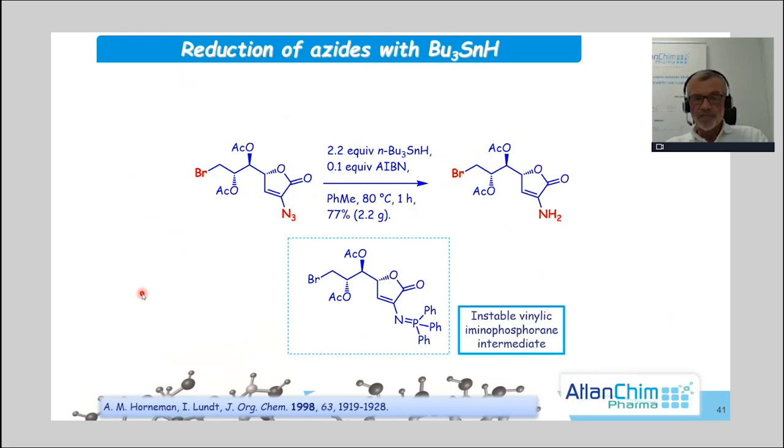So in contrast to the previous example, the azide in this case was reduced first. An alternative attempt to prepare this amine by a Staudinger reduction using triphenylphosphine to reduce the azide was not successful due to the instability of the vinylic iminophosphorane intermediate here.